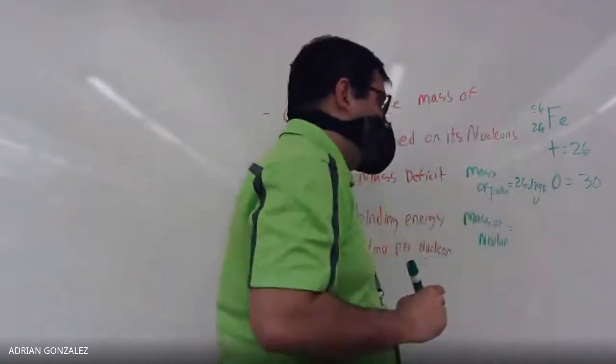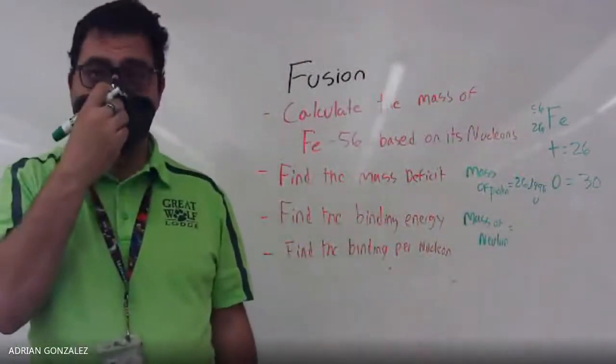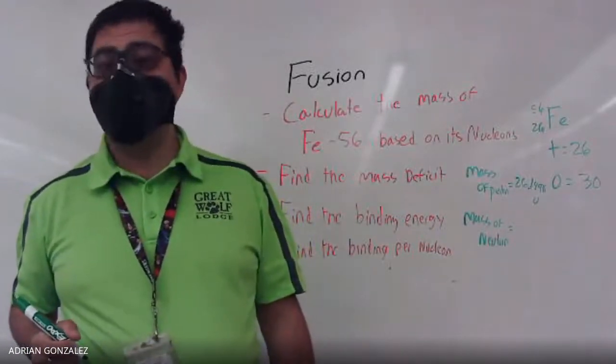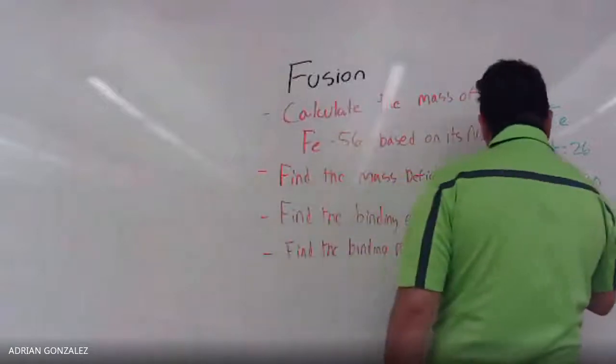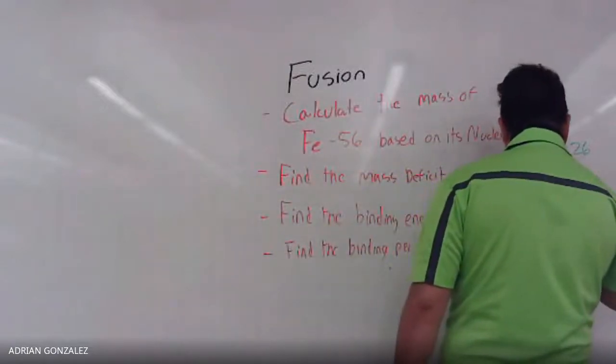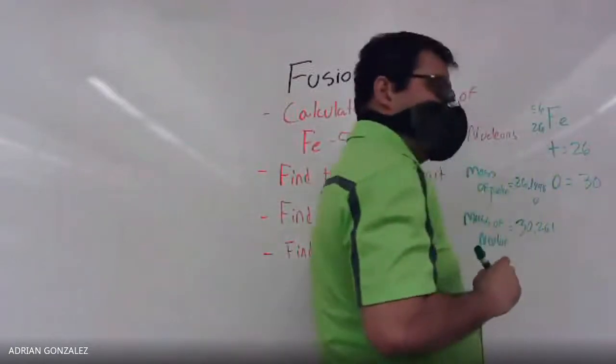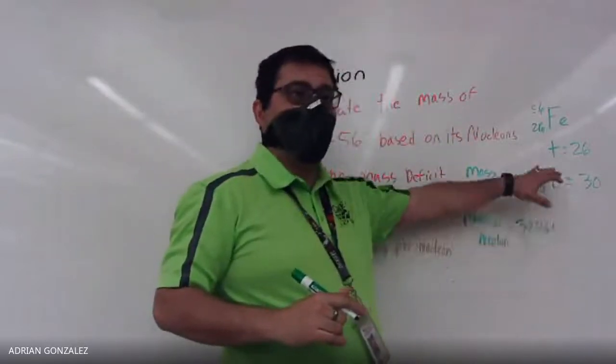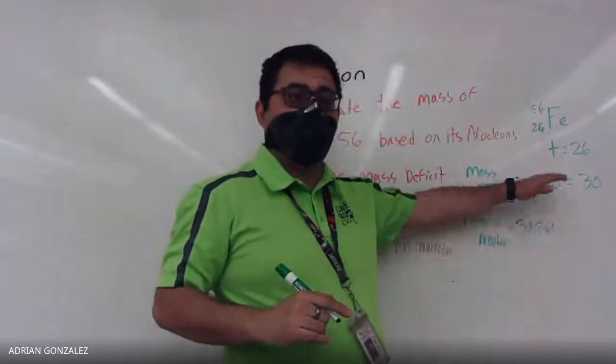So 30 times 1.0087. What do you get? 30.261. Does everybody understand that? Does everybody agree with those two numbers? Did everybody get those two numbers?